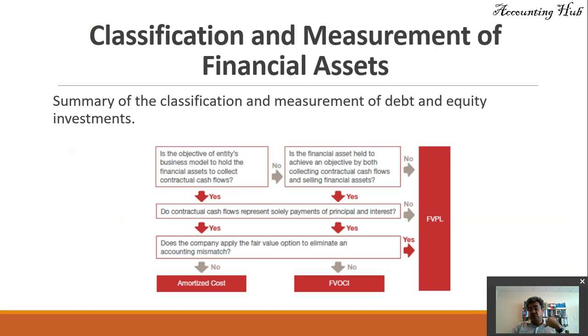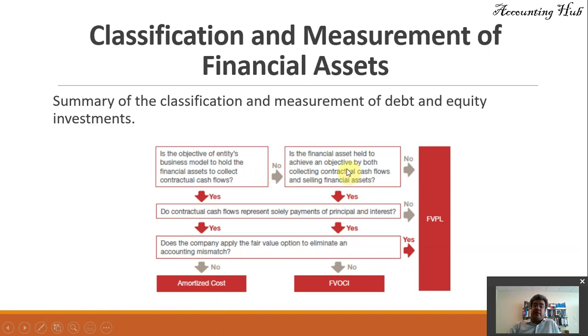So it would give us a mismatch in our accounting, or an accounting mismatch. So if yes, fair value in profit and loss. If no, amortized cost. Or the objective is to hold. So hold here is the old held to maturity. Then we can go through amortized cost.